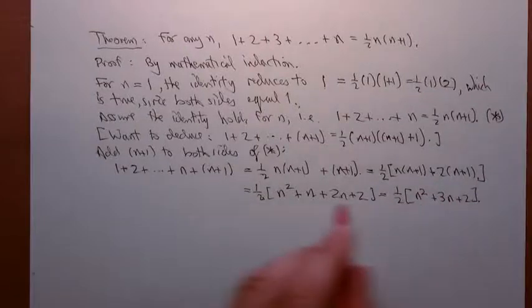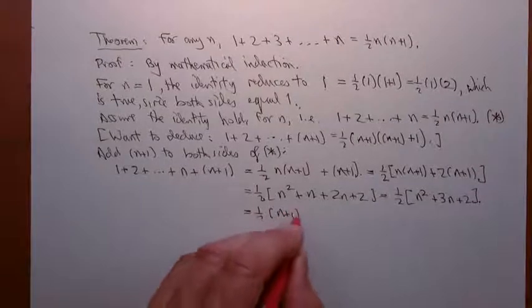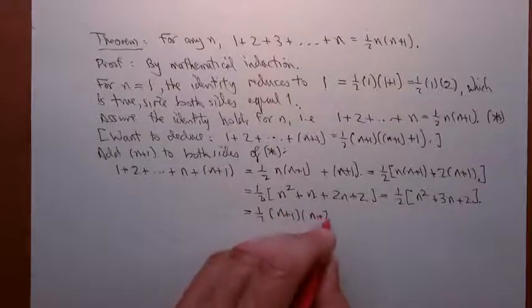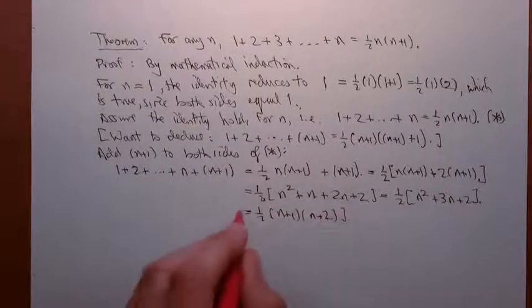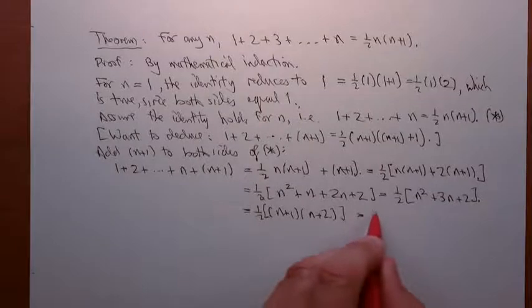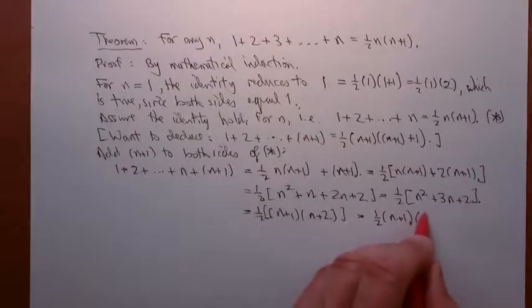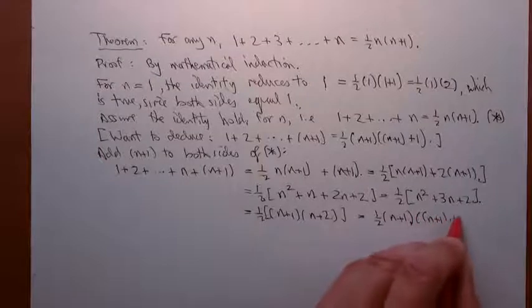And this factors. This is a half n plus 1 times n plus 2. But that's the same as that. I can write it explicitly, if you like, as a half n plus 1 times n plus 1 plus 1.